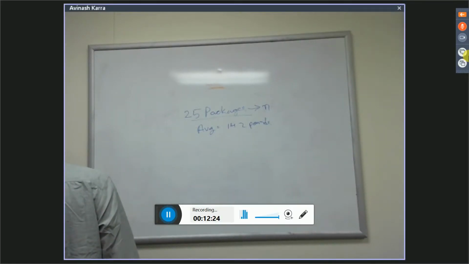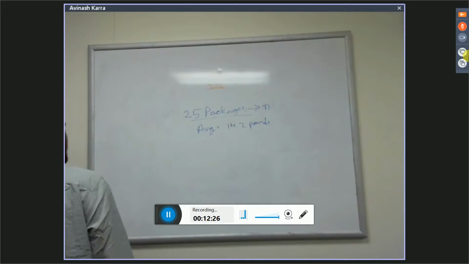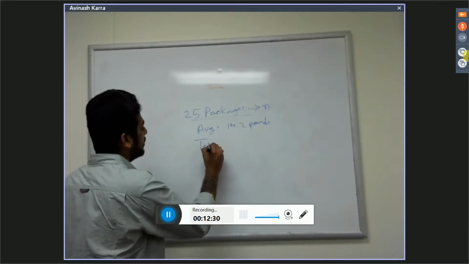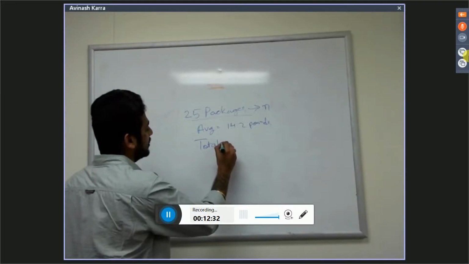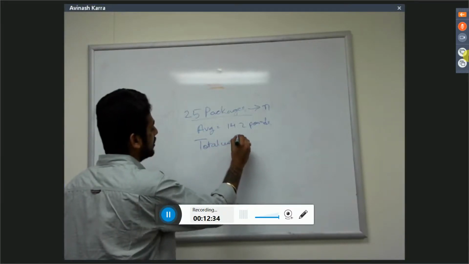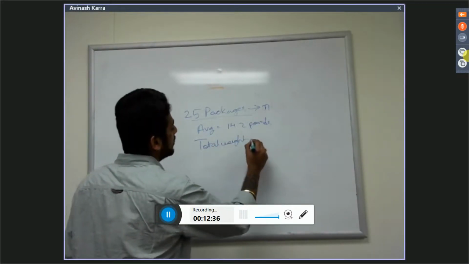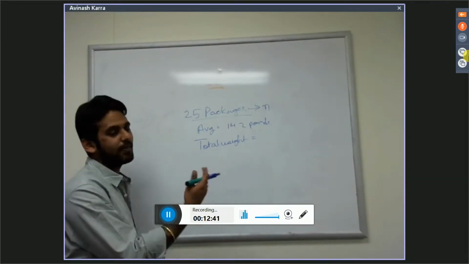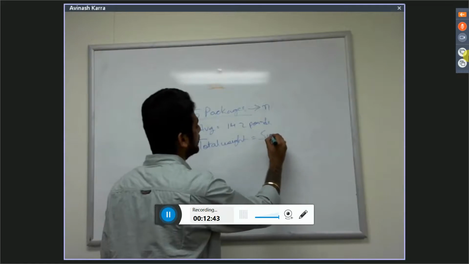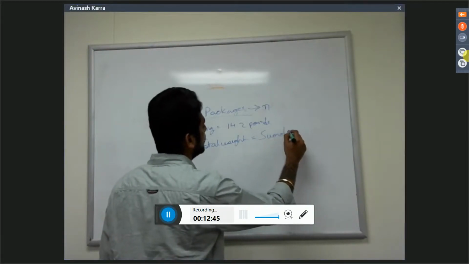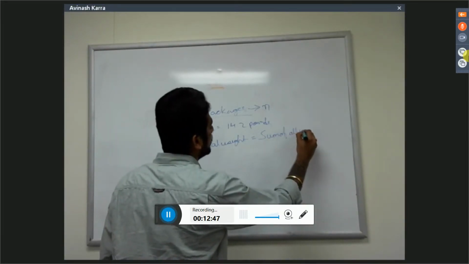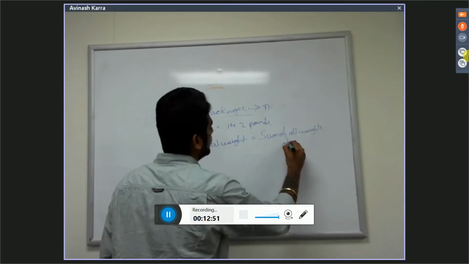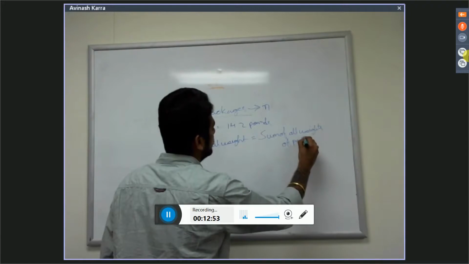What was the total weight in pounds of all packages? So he's asking total weight. Total weight is nothing but the sum of all the weights of the packages, right?